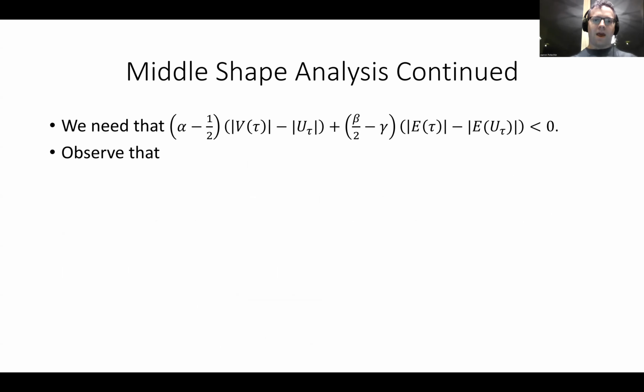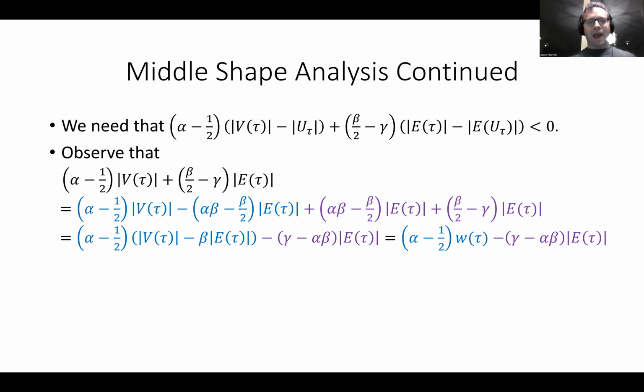So now observe that if we just look at the terms for v tau and e tau, if we subtract and add alpha beta minus beta over 2 times e tau, then this blue part is equal to alpha minus 1/2 times, in parentheses, the number of vertices in tau minus beta times the number of edges in tau, which is equal to alpha minus 1/2 times the weight of tau.